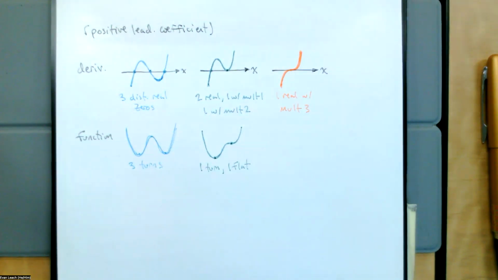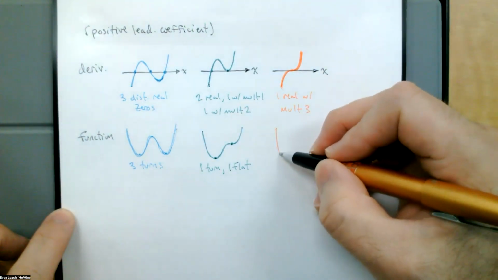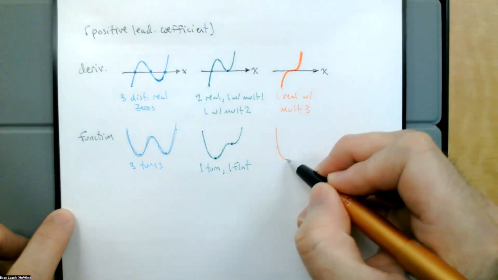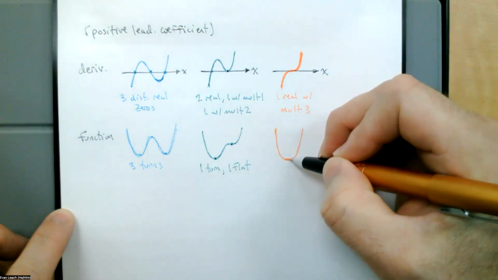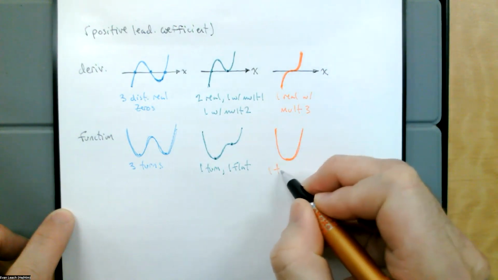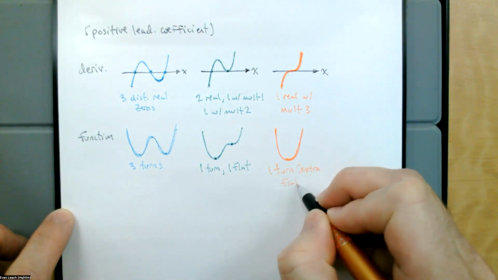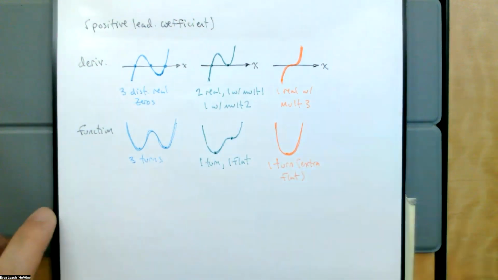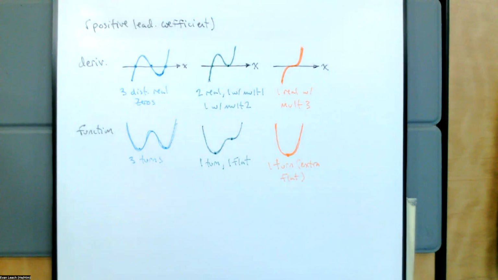So our graph is going from decreasing to increasing. Here we'll just have the one term. It will be extra flat though.